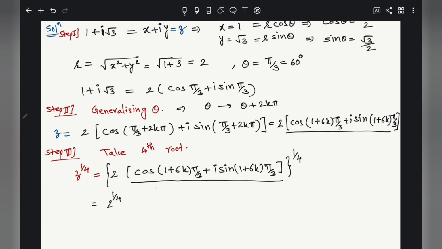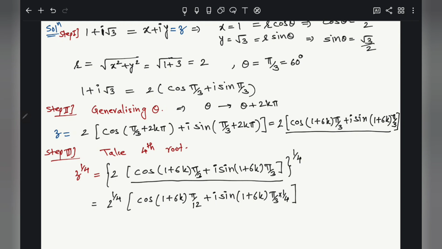This 1/4 will come inside and what we are going to get is cos of ((1 + 6kπ)/3) × 1/4, so it will become π/12. I will directly write it. I hope you have followed. (π/3) × 1/4, sine of ((1 + 6kπ)/3) × 1/4. This 1/4 will come into the angle.